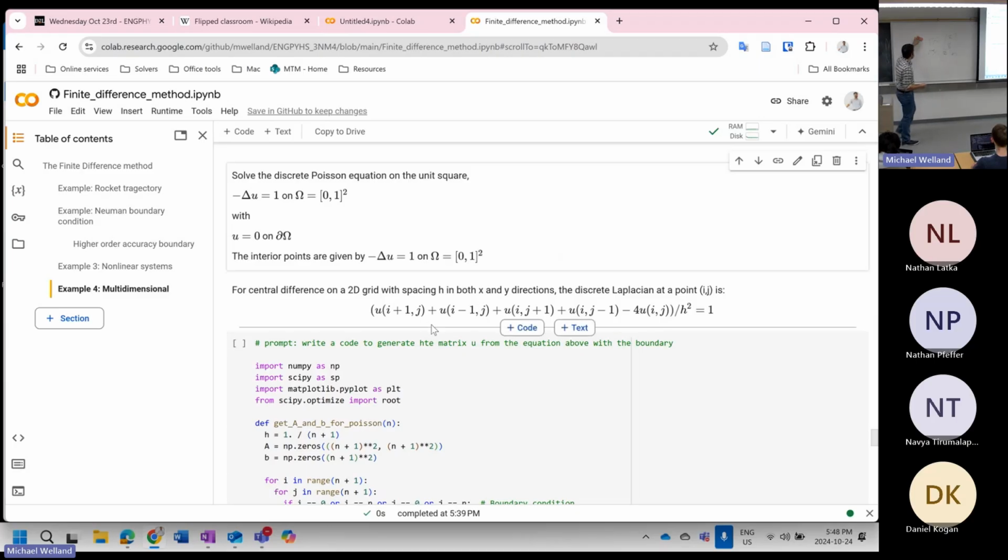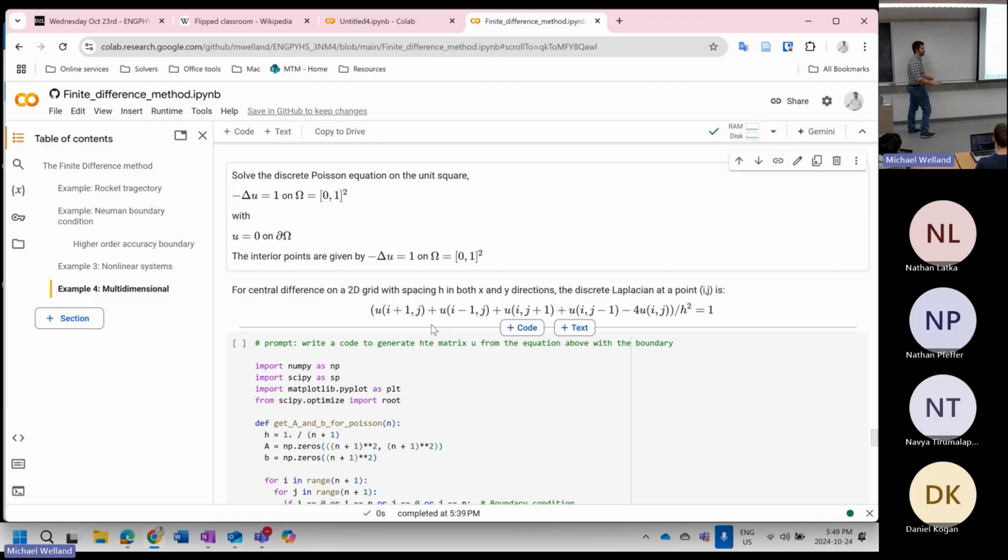So what we're going to do is this. We have our unit square. Just like we discretized time in one dimension, we're going to discretize space, two-dimensional space, as a square grid. This is a little bit weird, so I do want to show you this.